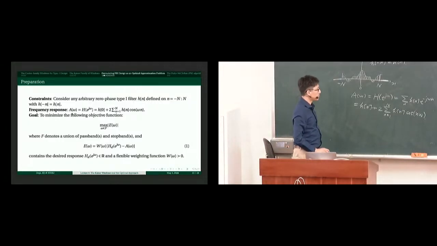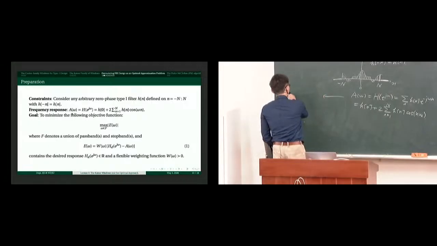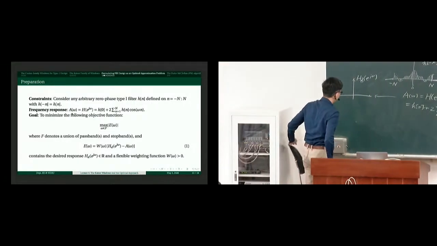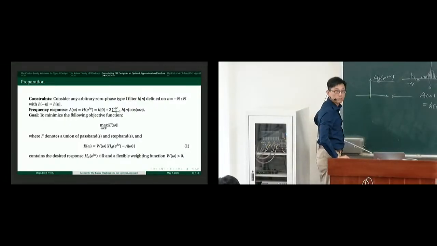So now you must have some kind of an ideal response in your mind. Let's say the ideal response is denoted as H desired. For the sake of generality, your desired response might not even be a low pass. It can be more general.